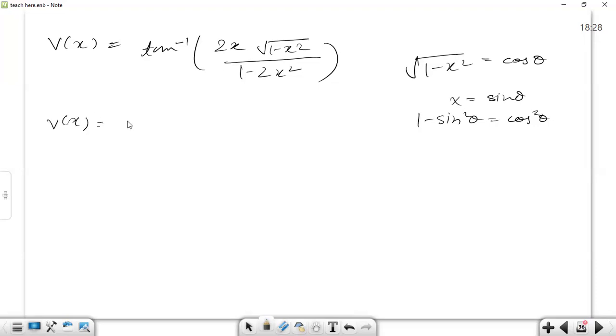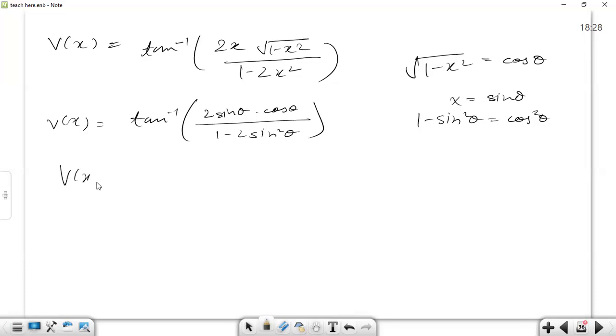So v of x is tan inverse of 2 sine theta into cos theta, as we discussed earlier, over 1 minus 2 sine square theta. Now we know that 1 minus 2 sine square theta is cos 2 theta, right? So v of x is tan inverse.